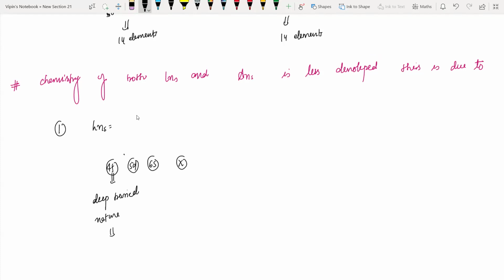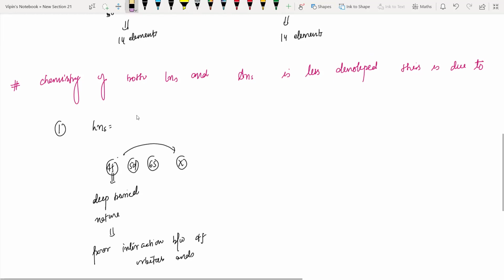If it has a deep buried nature, it means this orbital has very poor interaction with X. So we can say there is poor interaction between 4f orbitals and the surroundings. If there is very poor interaction, then the chemistry will be less developed.